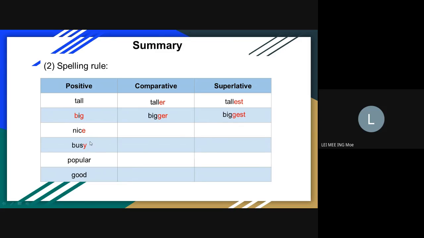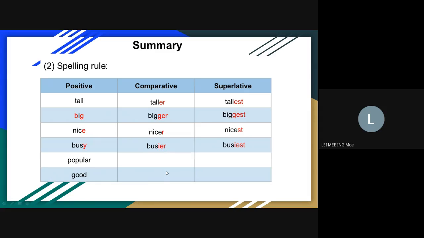Okay, rule number 3, if we have E as our last letter, we add R for our comparative, nicer. We add ST for our superlative, nicest. Rule number 4, if we have Y as the last letter, we drop the Y, we add IER for our comparative, and we add IEST for our superlative.